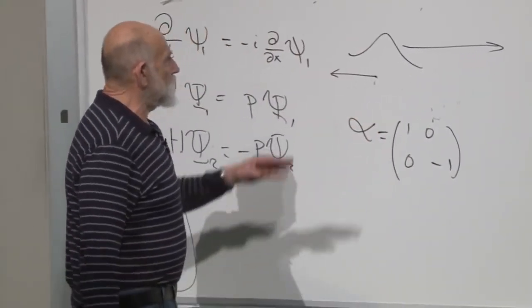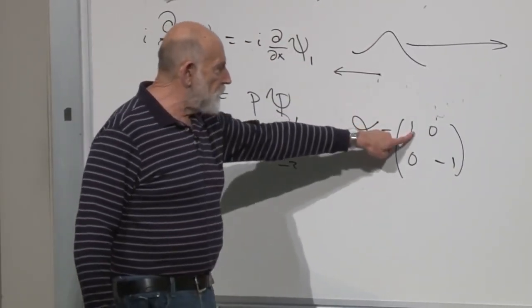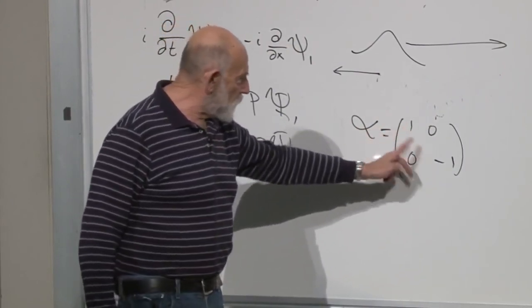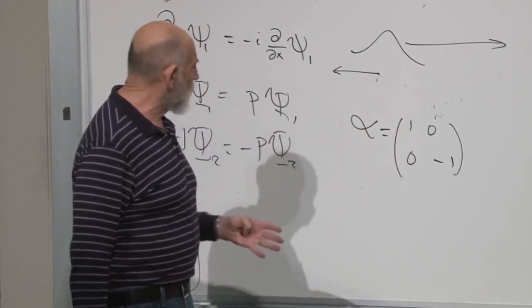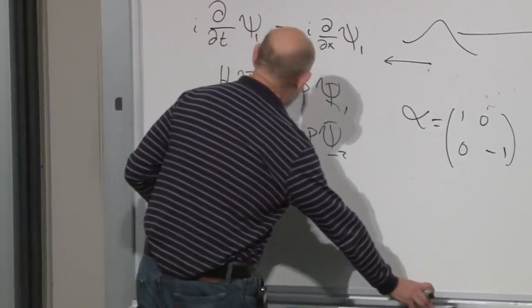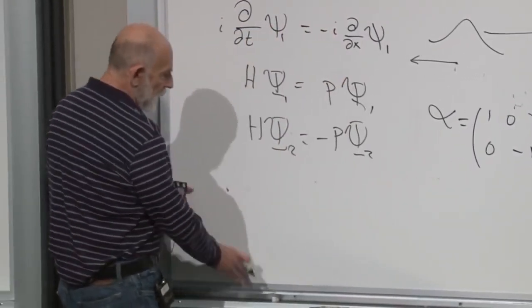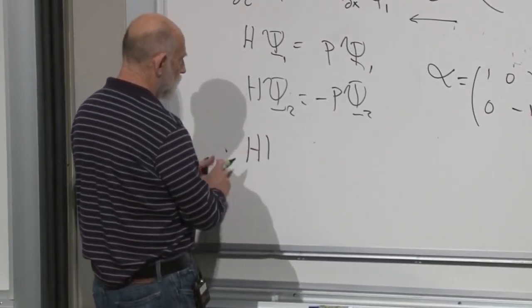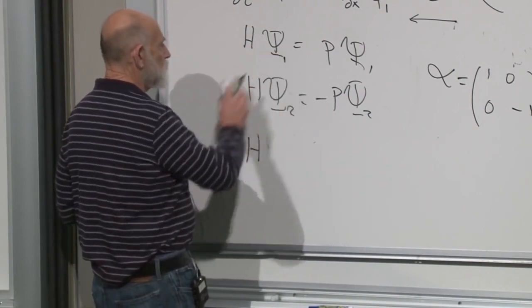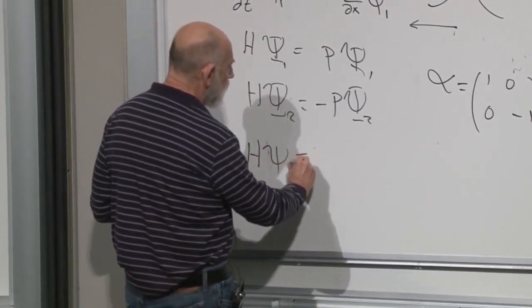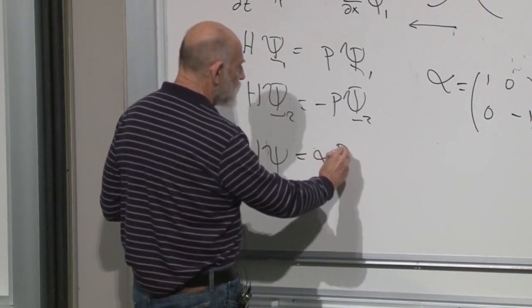And this says that psi 1 is an eigenvector of alpha with eigenvalue +1, and psi 2 is an eigenvector of alpha with eigenvalue -1. And now we can combine these two equations and just write that H psi is equal to alpha times P psi.